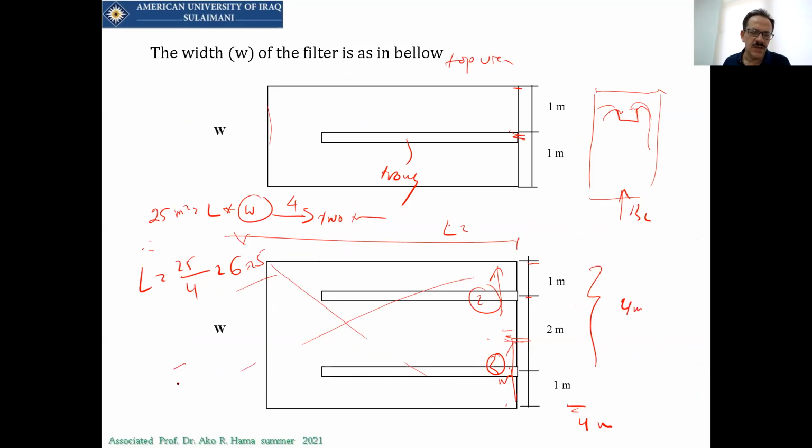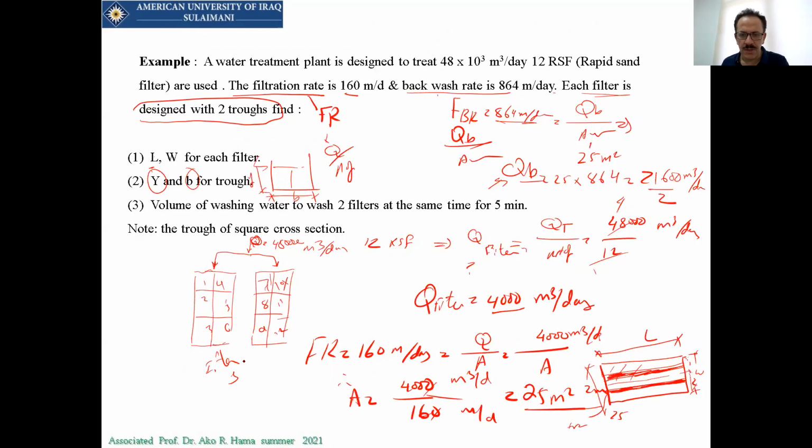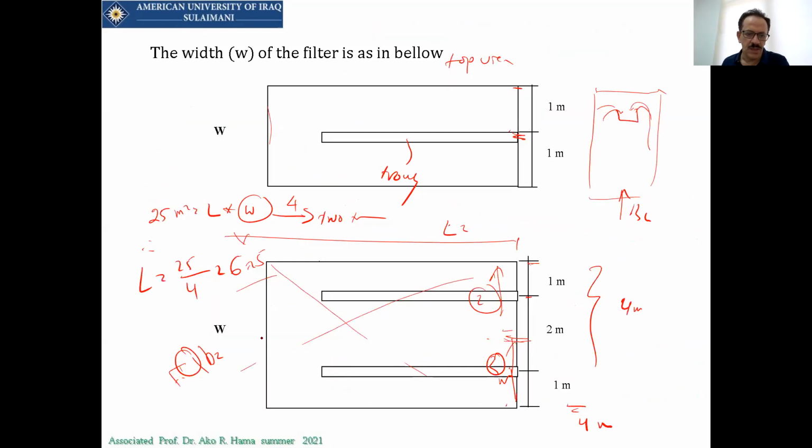So the filtration rate, the Q backwashing, it's equal to, as you said, how much? 21,600 meter cube per day for this area. So each trough will hold at least half of this one. So Q per trough is equal to 21,600 divided by 2.